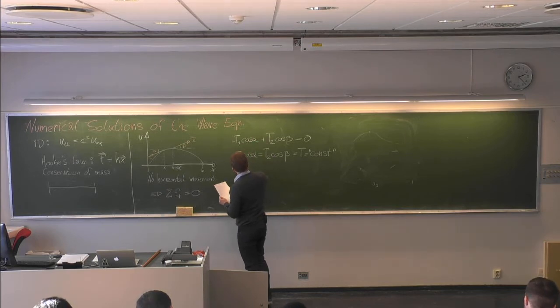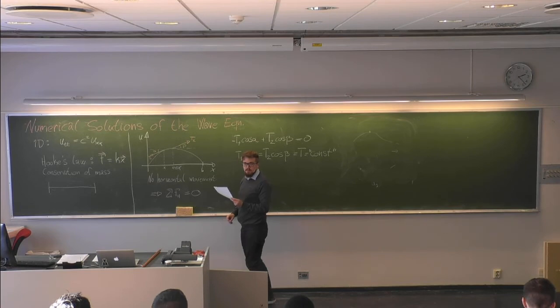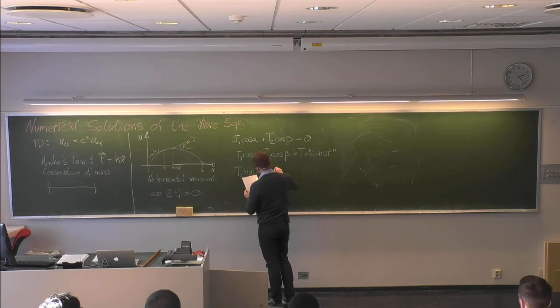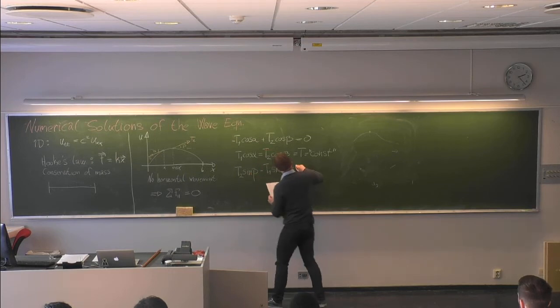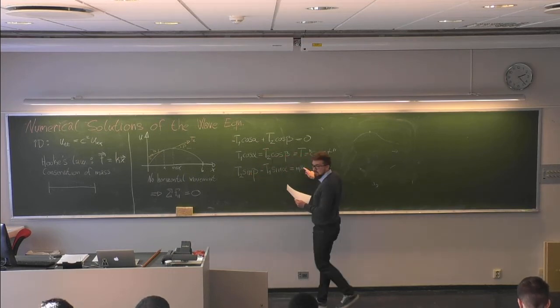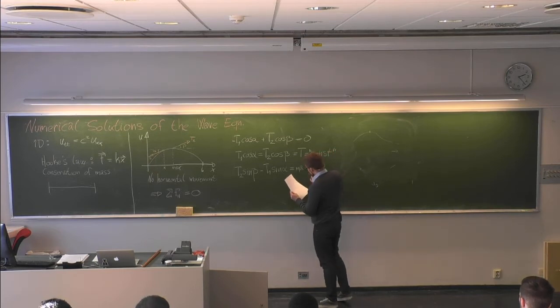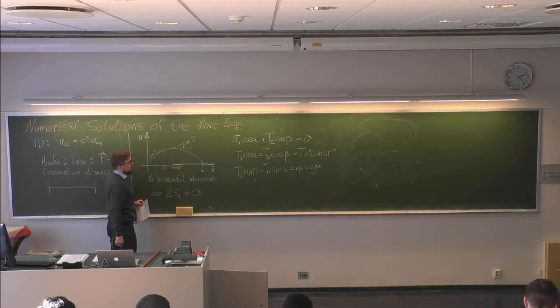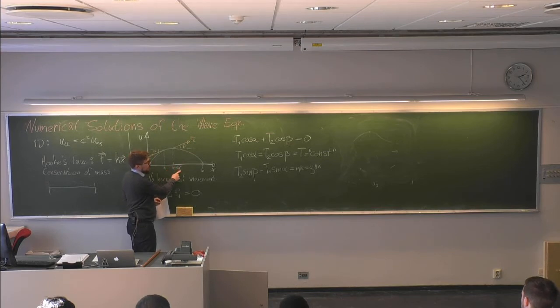So in the vertical direction, we have Newton's second law: the sum of all forces acting, T2 sin of beta minus T1 sin of alpha, should be the mass of the string times its acceleration. And this will just give us the density times our element. So this string has a density rho and also length delta x.